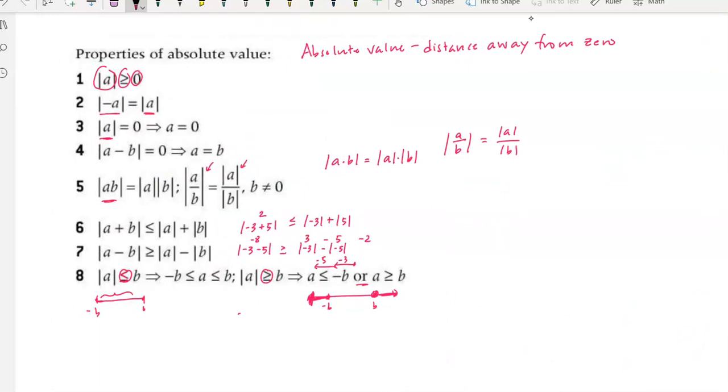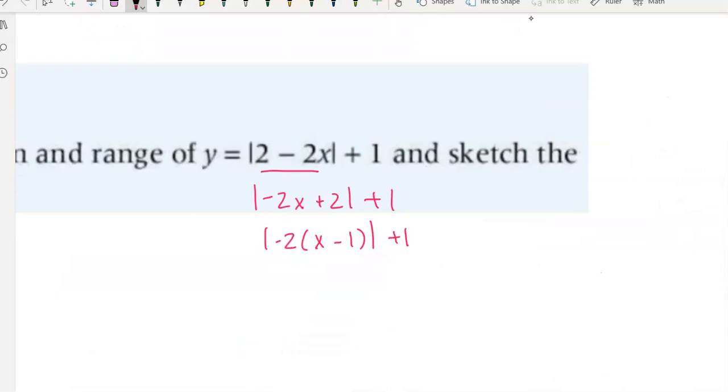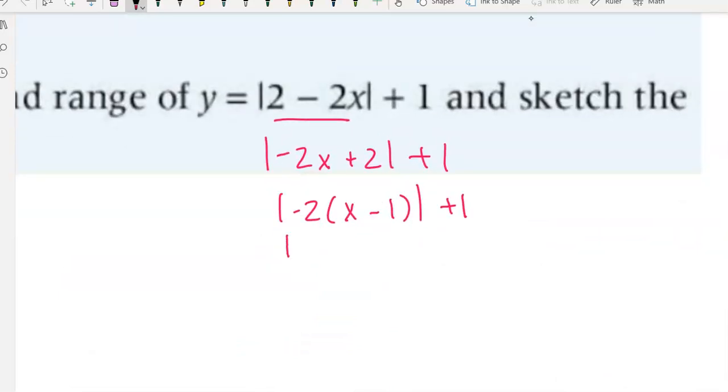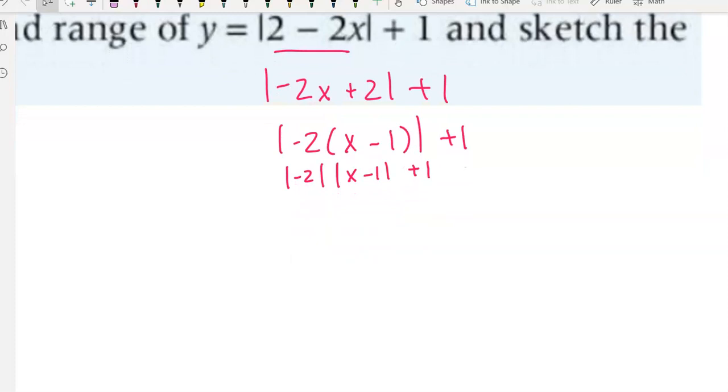It doesn't matter if I take it together or separated. So I can go back here: negative 2 absolute value, and then x minus 1 absolute value plus 1, and then, well, what do you know? This implies y equals what we had before.